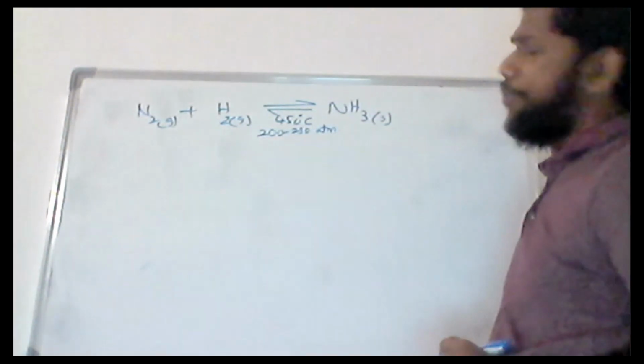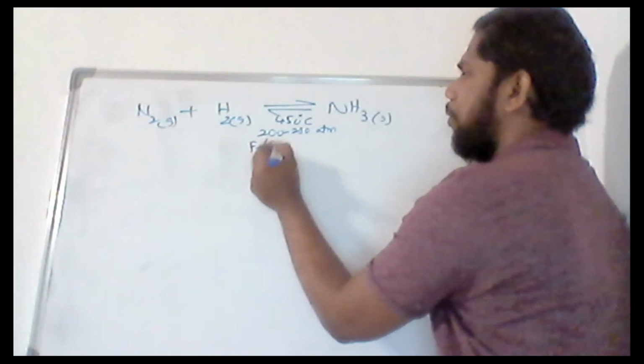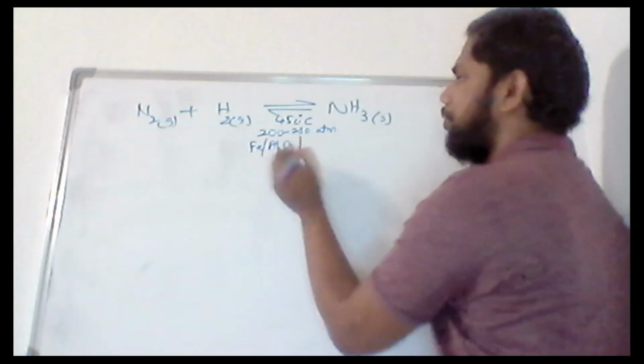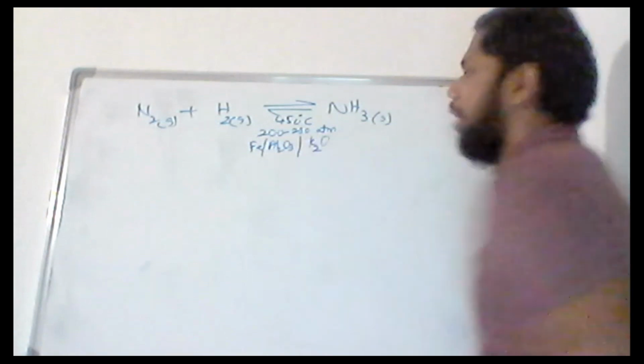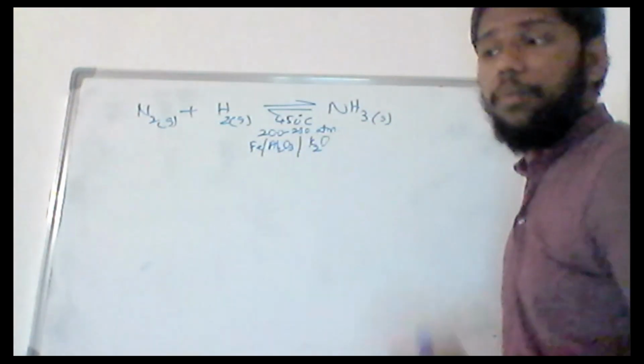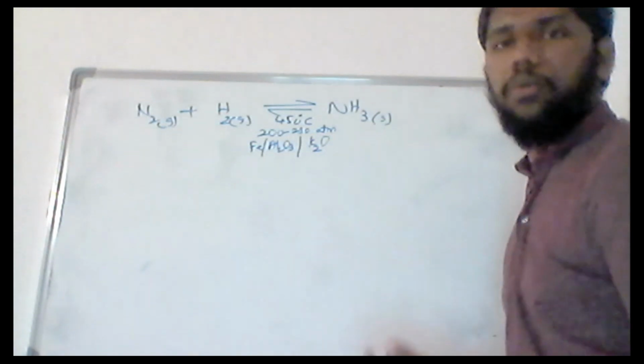That is the pressure. And you can use iron or Al2O3 as your catalyst, and you can use K2O as your catalytic promoter. It is a promoter of a catalyst. So this is called a catalytic promoter.